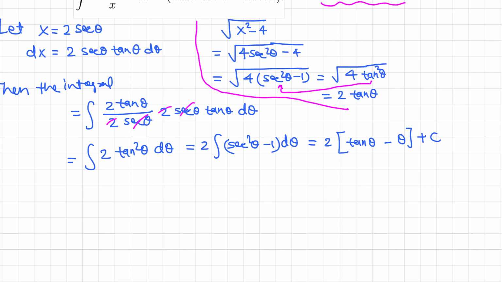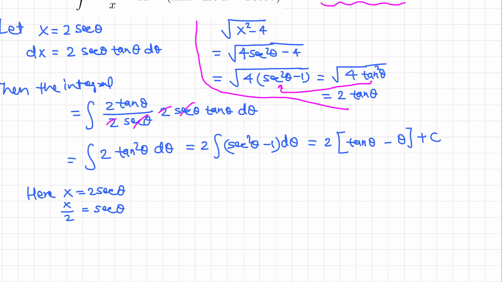So our assumption was x equals 2 secant theta. That's the beginning. Divide by 2, we get x over 2 equals secant theta. But we are not that familiar with secant.